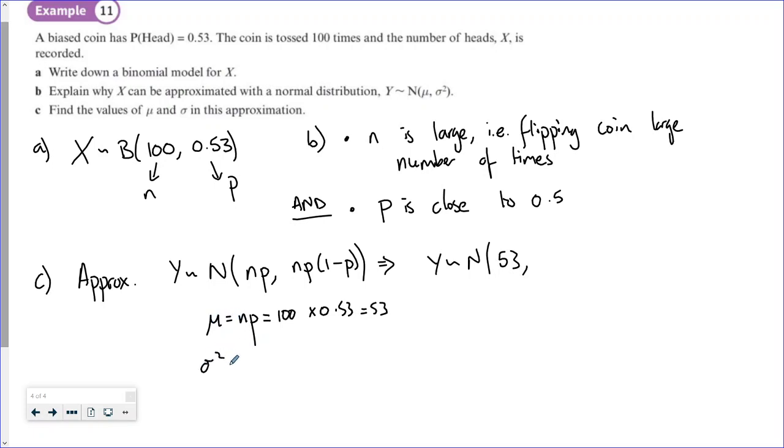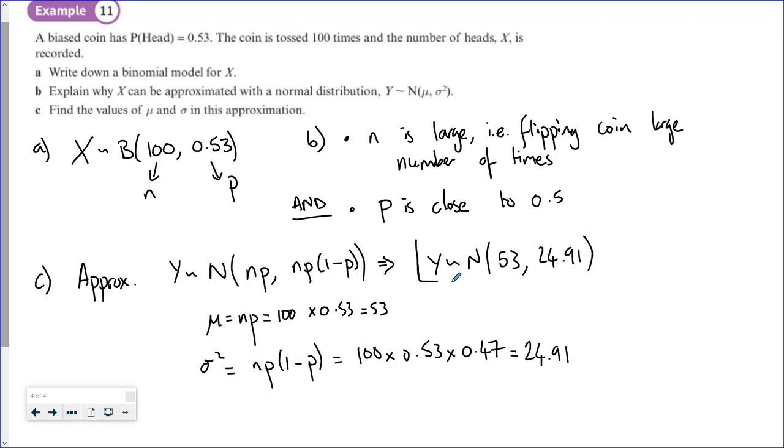And sigma squared, our variance, is np(1 minus p). So that's going to be 100 times 0.53 times 1 minus p, which is 0.47. If we work that out, we get the variance is 24.91. So that's our normal distribution here.